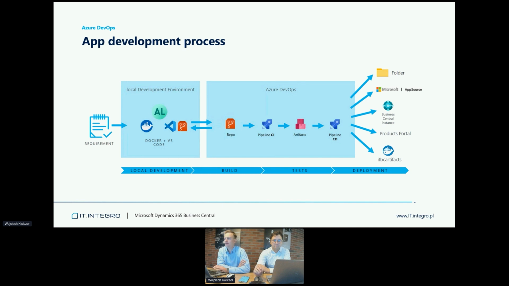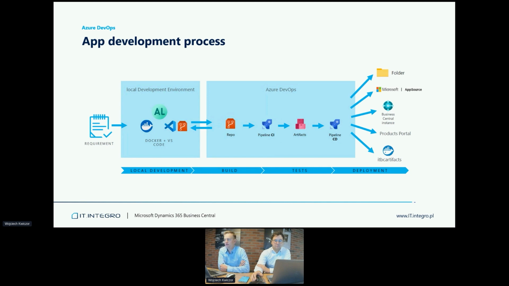So the whole automation will start with the pipelines, which is just a YAML script which will collect everything, and try to build and compile the new version of the app. All details I will describe later. So this will produce the app, which will be stored in the artifacts.